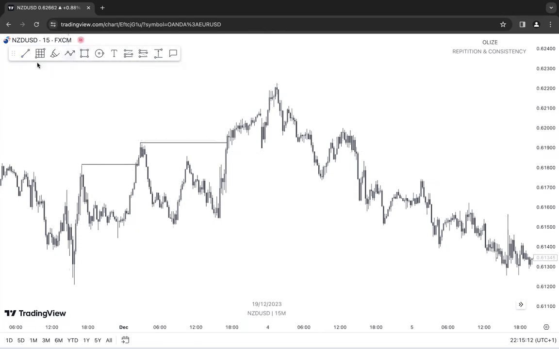We have the break of structure and change of character. Those are two important things to look out for. All these things I'm marking out are breaks of structure.